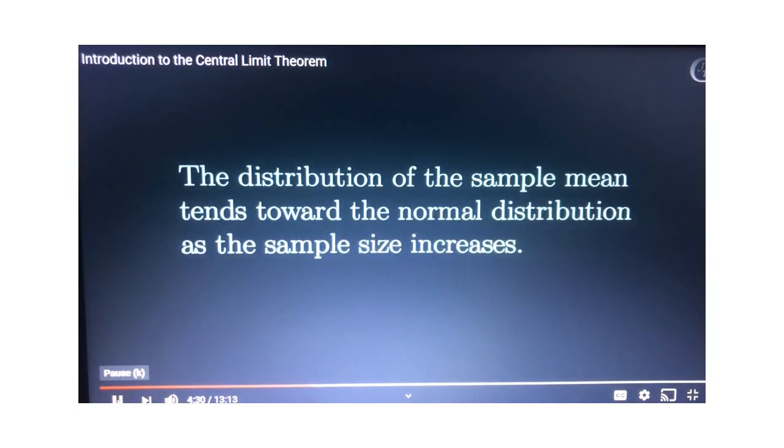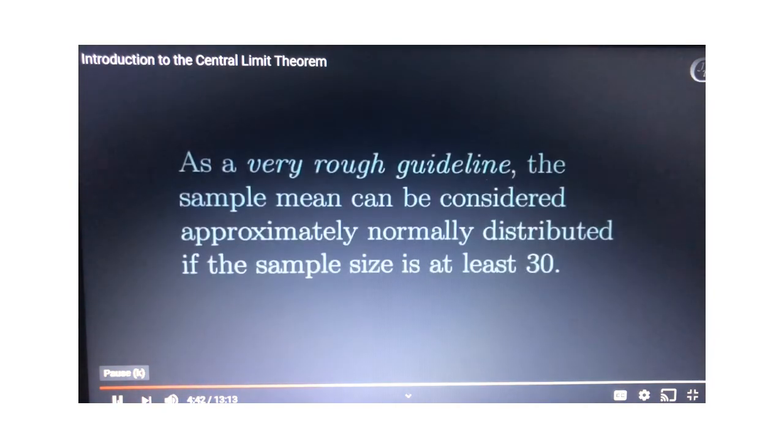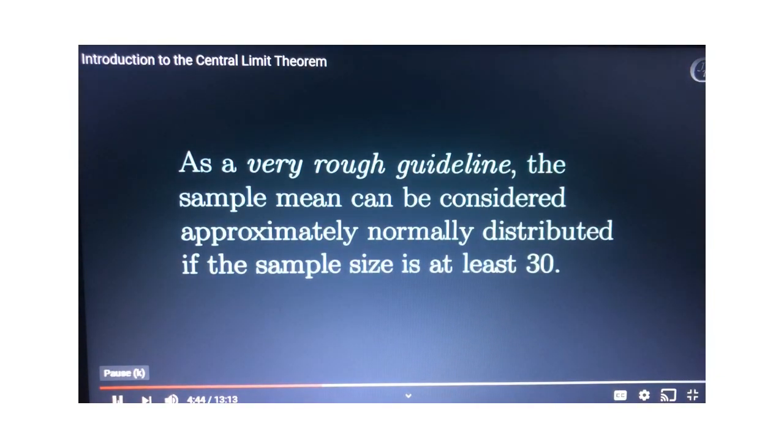What I was illustrating there is that when we are sampling from non-normal populations, the distribution of the sample mean tends toward the normal distribution as the sample size increases. As a very rough guideline, the sample mean can be considered to be approximately normally distributed if the sample size is at least 30, if our n is at least 30.